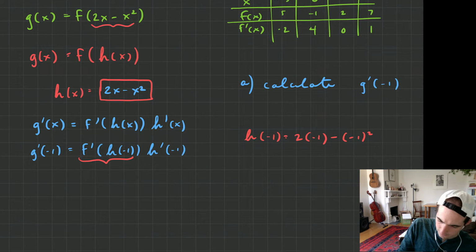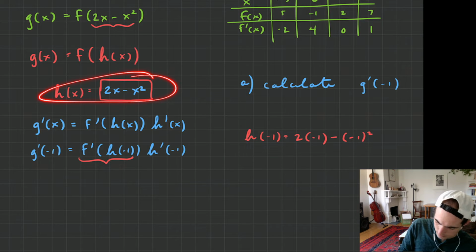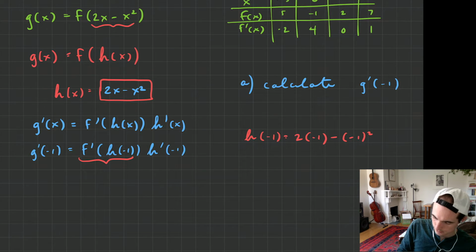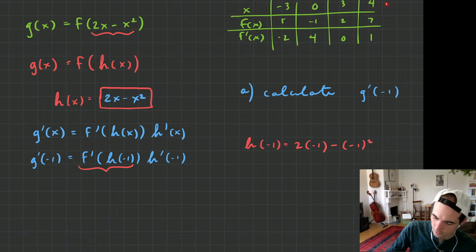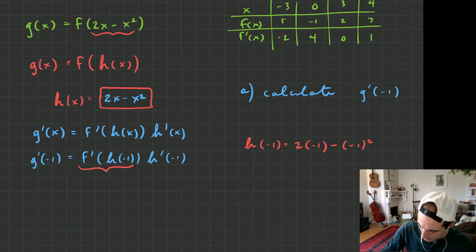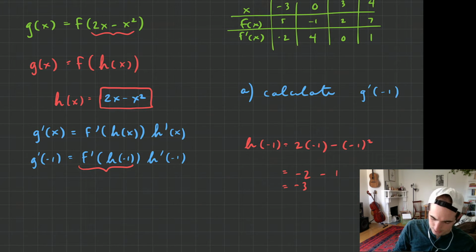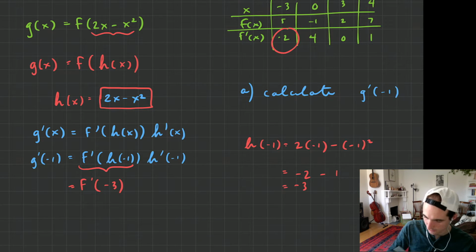I'm getting that from here. Then you can refer to this table, right? I guess I'm moving a little too fast. So h of negative 1 is going to be negative 2 minus 1, which is negative 3. So this is equal to f prime of negative 3. And look at that, we have that value right here.